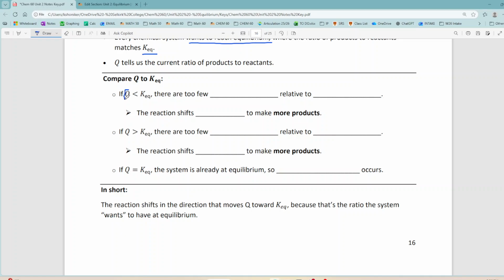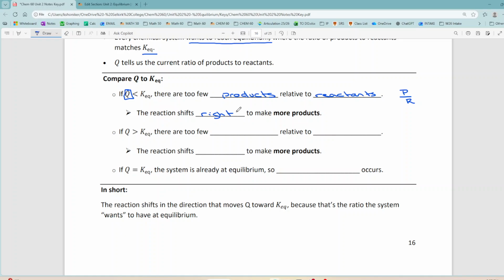If the Q value is small, that means the ratio of products to reactants needs to get bigger. It means that there are too few products relative to reactants. The value is too small. So your reaction is going to shift right to make more products, to increase the value of Q until you reach KEQ.